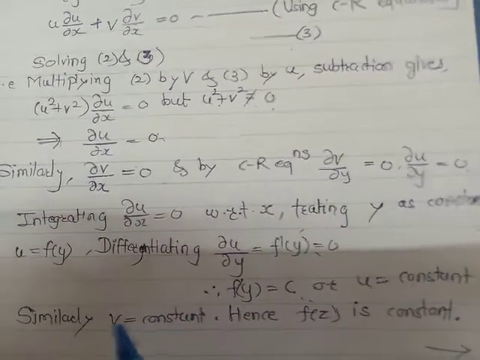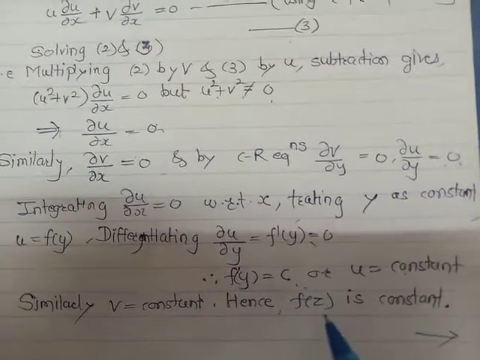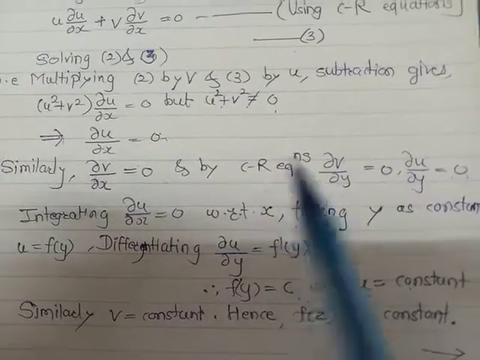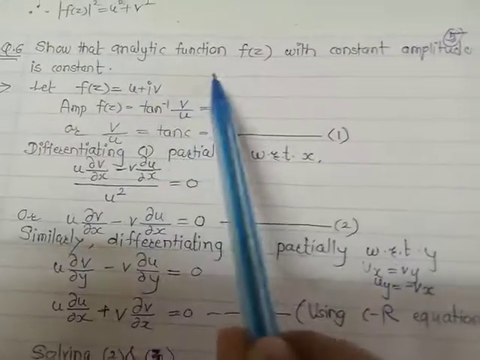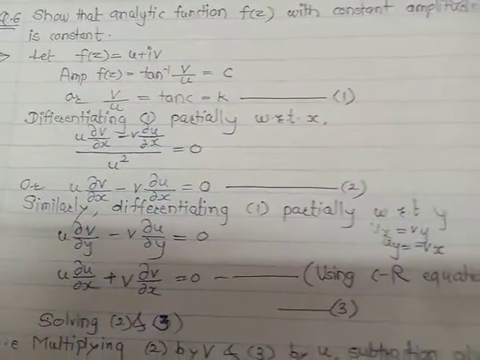And again similarly we can say v is constant, therefore f(z) is u plus iv is again constant. So this is how we have proved that analytic function f(z) with constant amplitude is constant. Thank you.